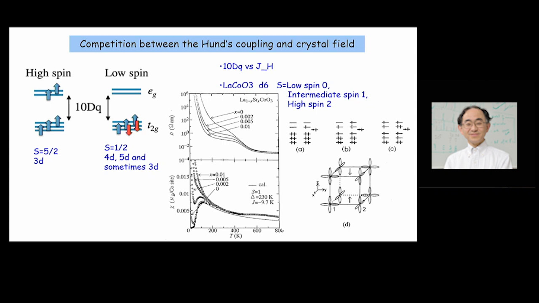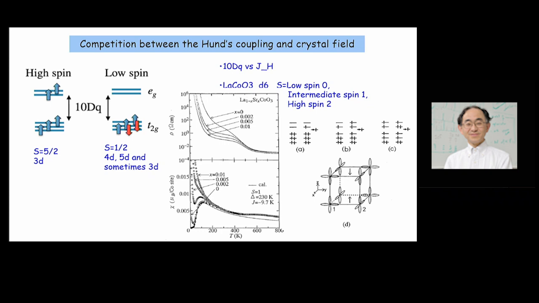So the total spin becomes 5/2. But once your 10Dq is large enough, then you should occupy the lower t2g orbitals. You fill the electrons in this way, so you cancel two pairs of spin 1/2, and eventually you have only 1/2. So the spin 1/2 state becomes the ground state.